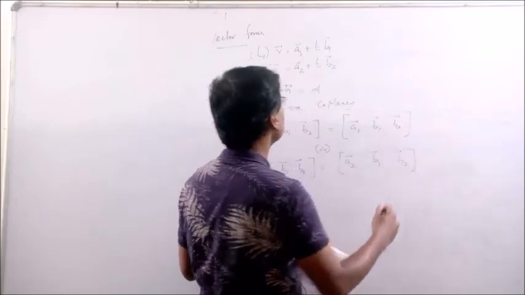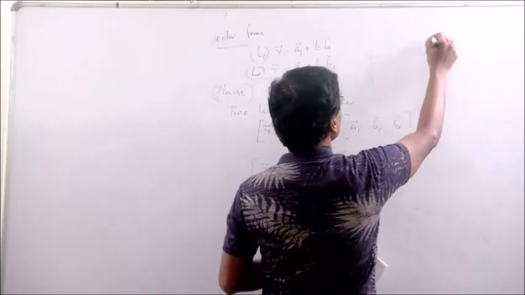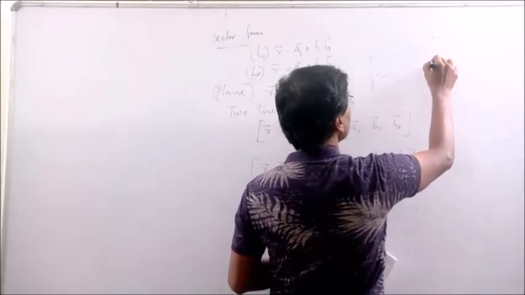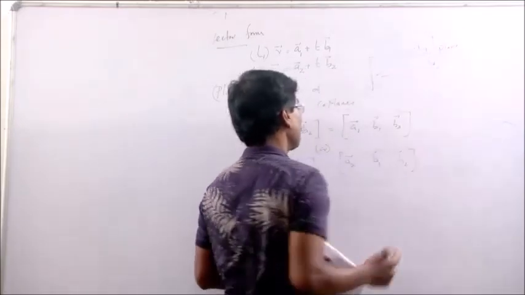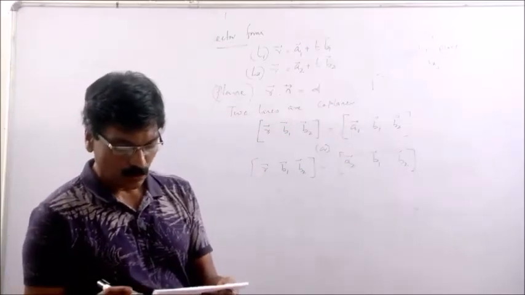So, this is the condition that the two lines in vector form, L1 and L2, are coplanar, that is, whether they lie on a plane or not.